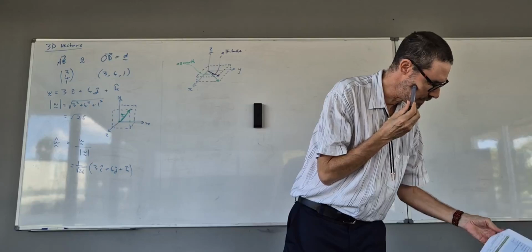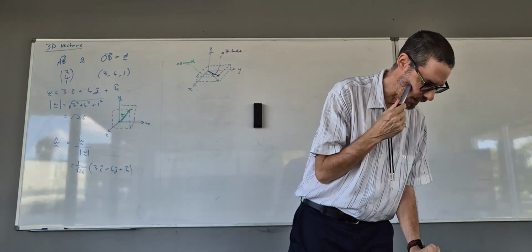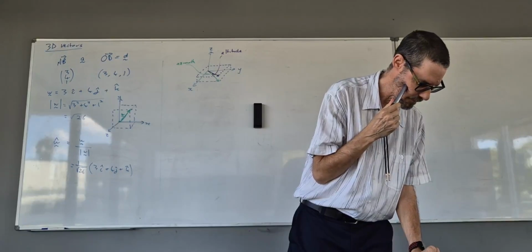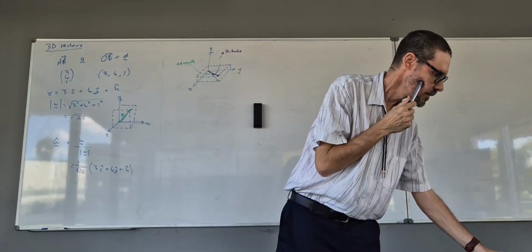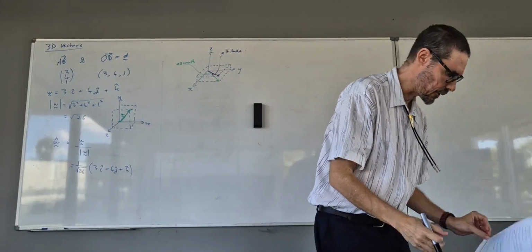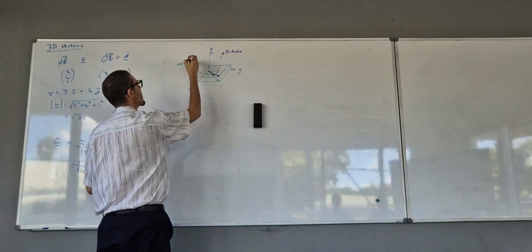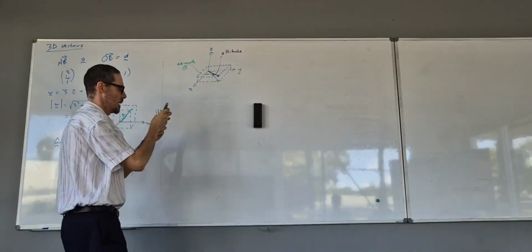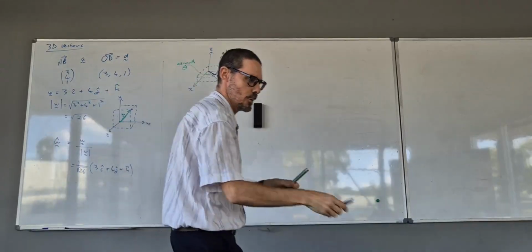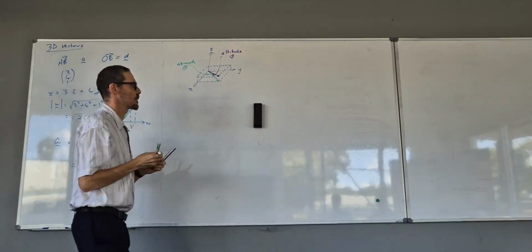Do I go straight to the formulas or do I show you how they got there? They're using theta and phi. So we're going to go theta, and then we need another angle symbol, phi.